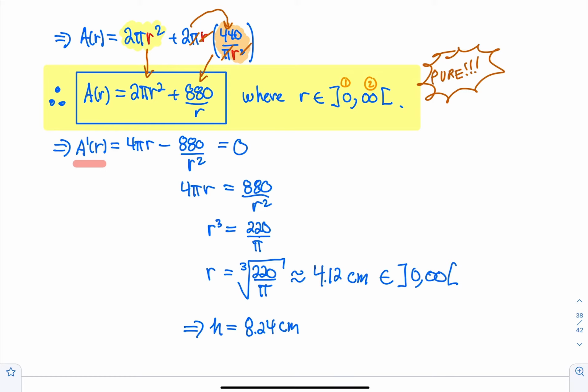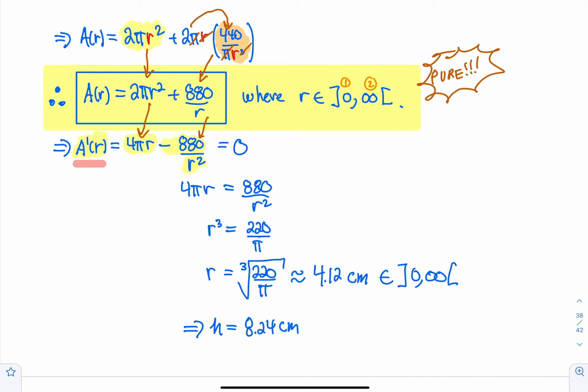So here A prime of r: the derivative of r squared is 2r, so you get 4 pi r. For 1 over r, so r to the power minus 1, when you compute its derivative, you get minus 1 r to the power minus 2, so this will simplify to minus 880 over r squared.